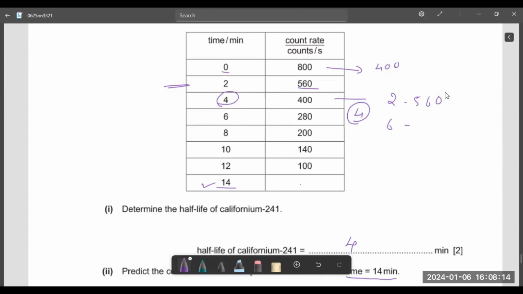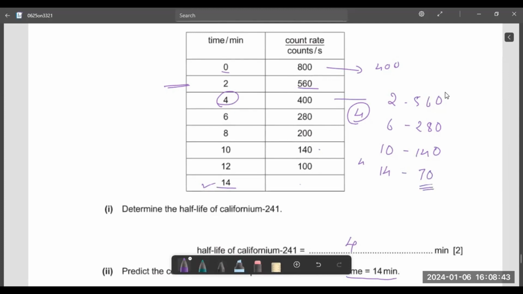So after 4 minutes, it has changed to 280. Then plus 4, that is 10 minutes. After 4 minutes, it has changed to half of this, that is 140. And again after 4 minutes, 10 plus 4, that is 14, it will change to half of 140, that is 70. So the count rate will be 70.